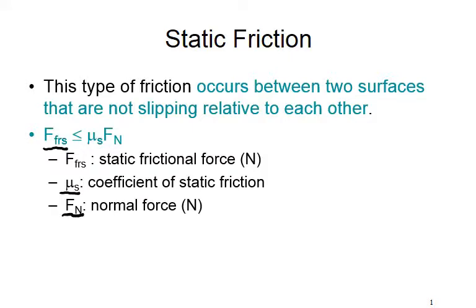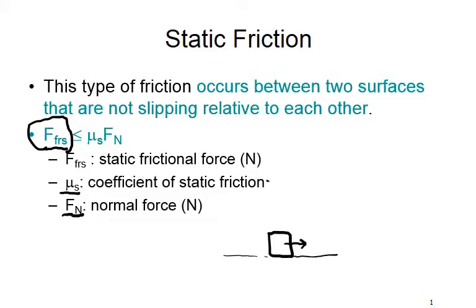And the reason it's less than or equal to is because if you're pushing something, you could be pushing on it before it even actually moves. You could try this with anything that's on your desk. If you're pushing on it and it's not moving yet, you could push a little bit more and maybe it still won't move. And so the force of static friction can be less than the maximum. But once you overcome this number, once you overcome the static friction, it's actually going to start to move.